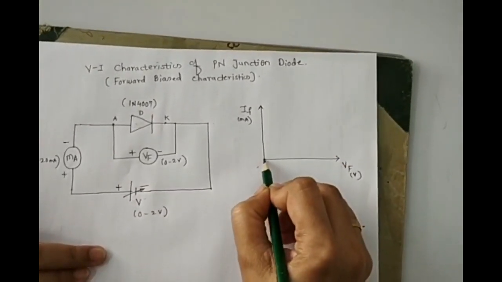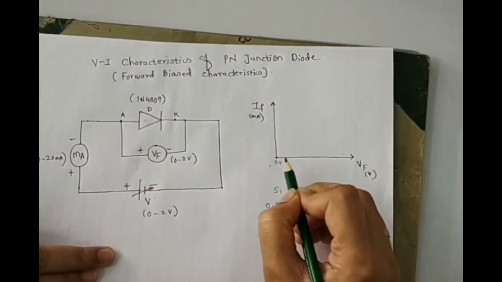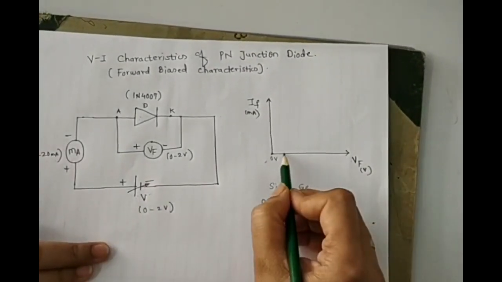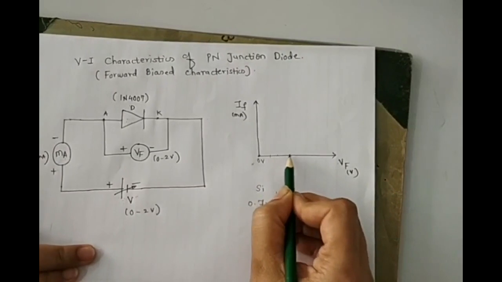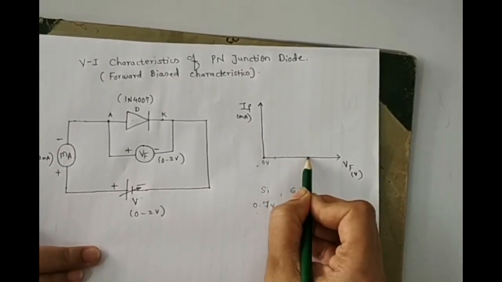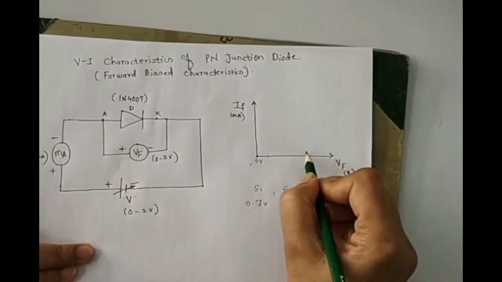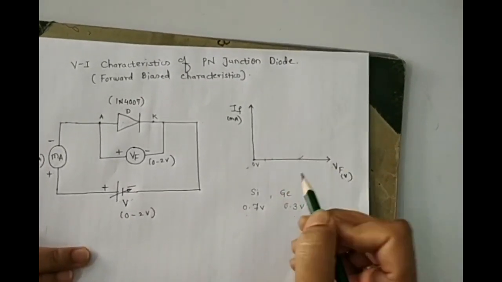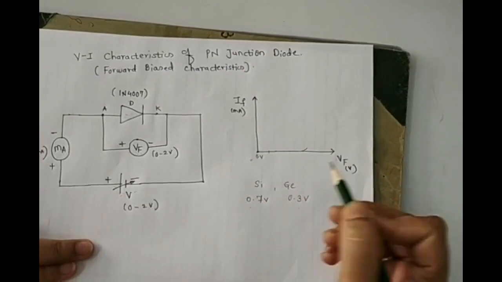So we are going to start from, let us say, 0 volt. Increase the voltage from 0, 0.1, 0.2, 0.3, 0.4, 0.5, 0.6, 0.7 like that. After 0.6 you will have some changes in the voltmeter as well as the current meter.